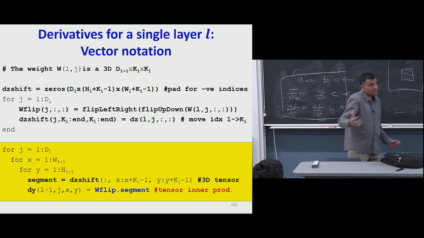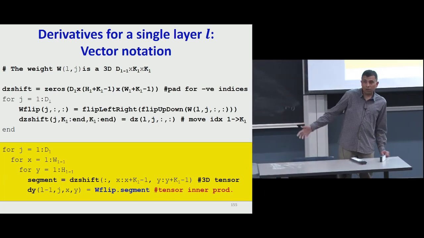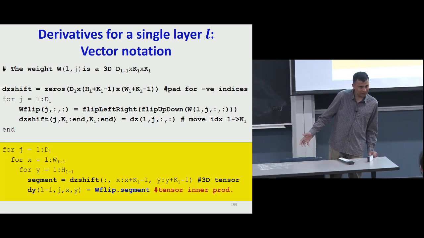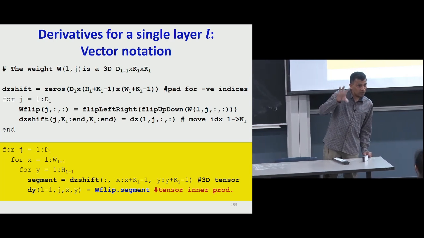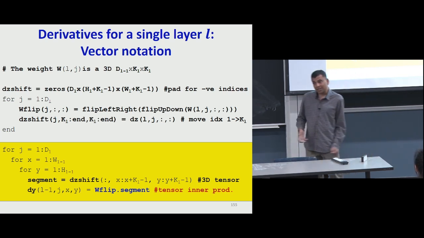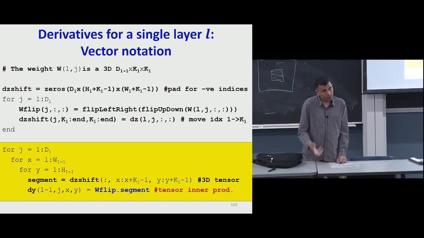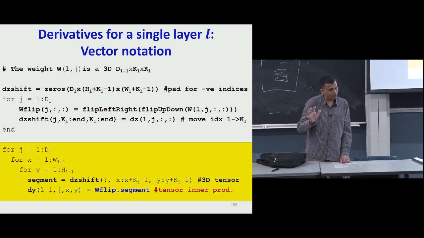So it turns out that computing the derivative with respect to y is also just a convolution, except it's a convolution of the derivative of the z map, expanded out to be the same size as y plus the size of the filter, with the flipped filters. Right? Make sense to everybody?